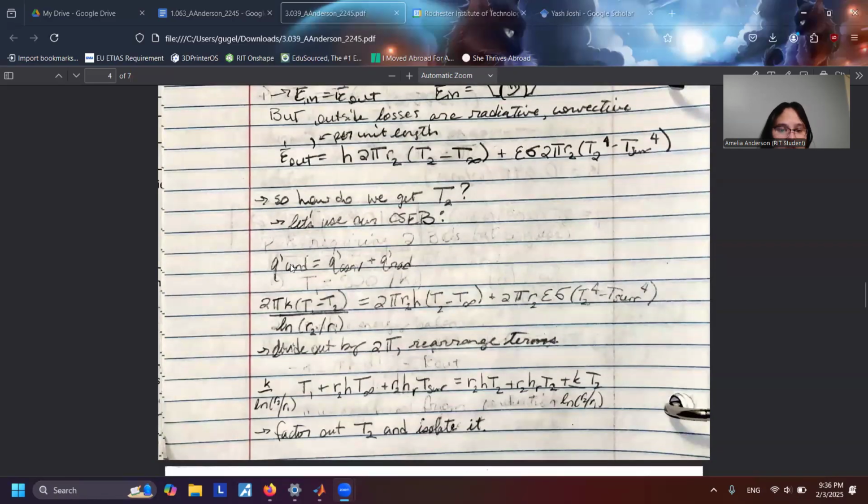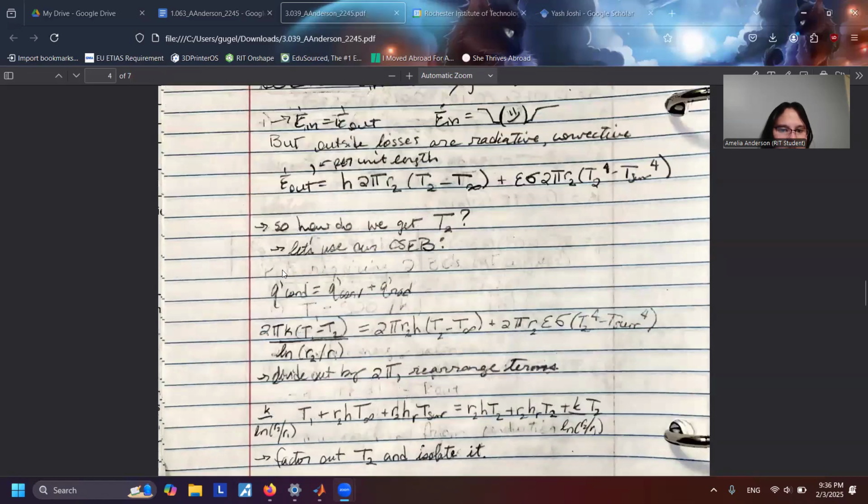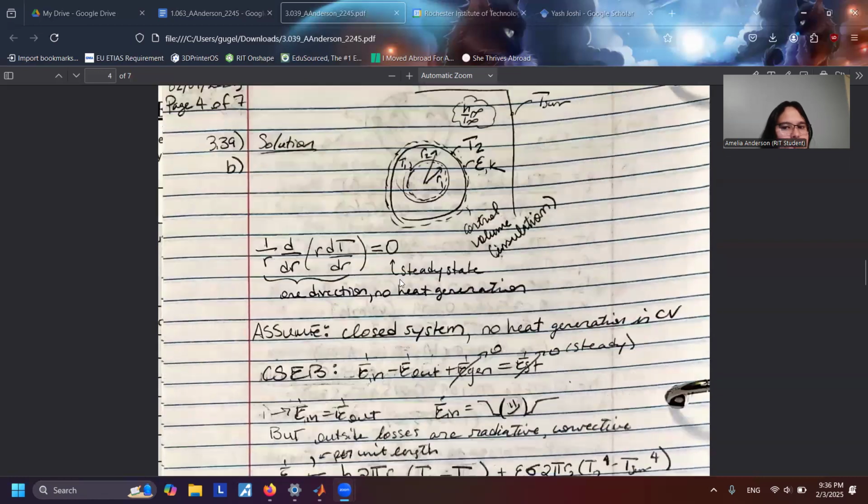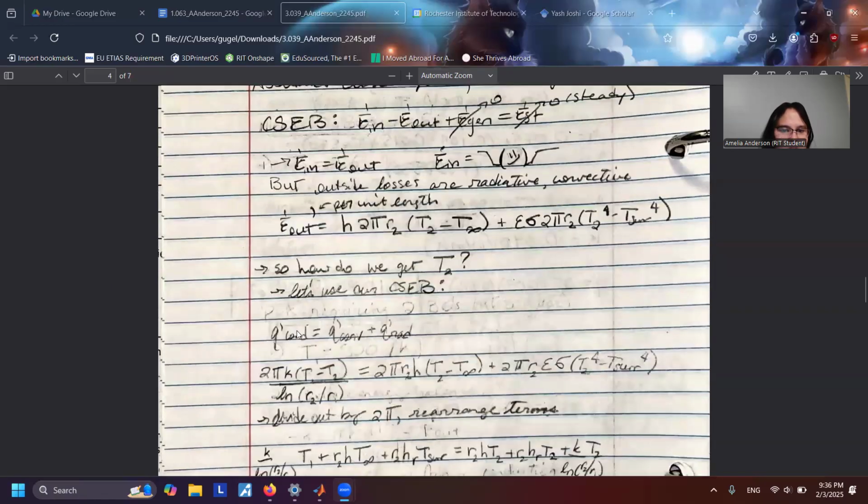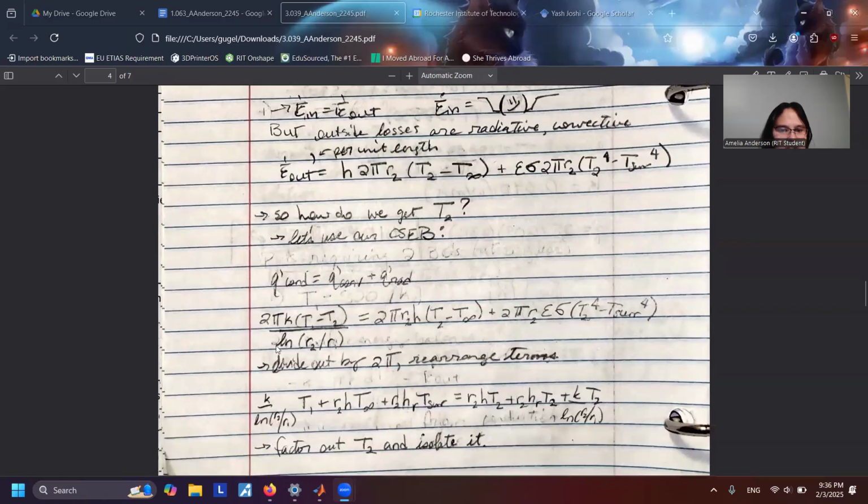We do know that, because it's steady state, whatever heat is lost to this convection and this radiation is going to be replaced by heat coming in from conduction. So we've got our conduction law from T1 to T2, and then we've got our radiation and convection from T2 to the bulk fluid temperature and the surrounding temperature.